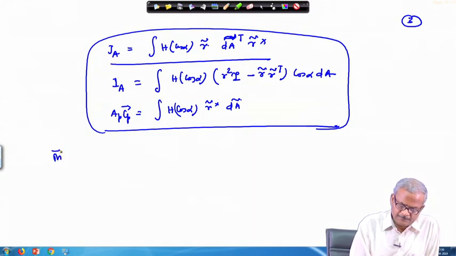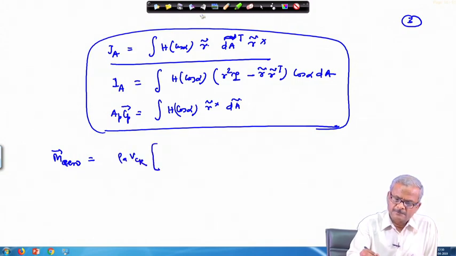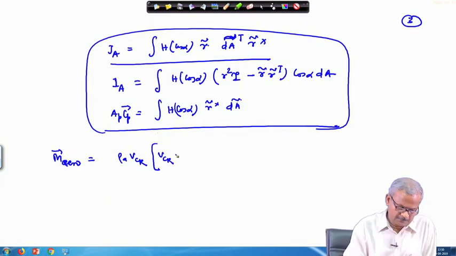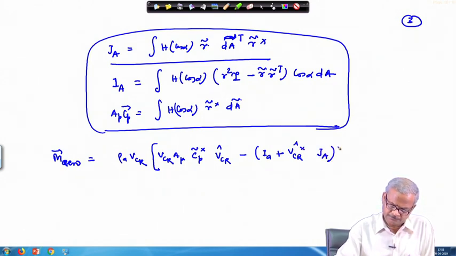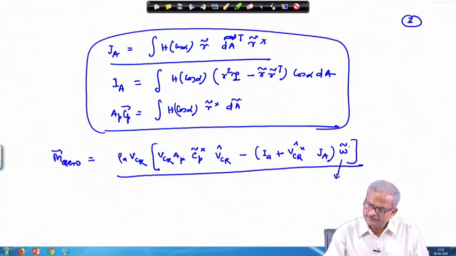So, what we have got is M aero equals rho_A times V_CR, and then V_CR A_p, C_p tilde cross times V_CR cap minus I_A plus this term.